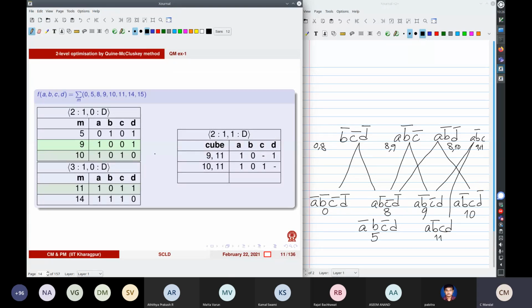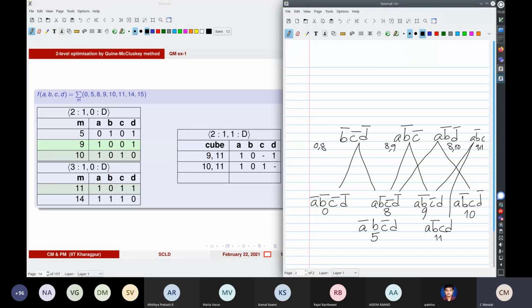These two are also adjacent. So if you combine 10 and 11, you will get A, B bar, C. All right.